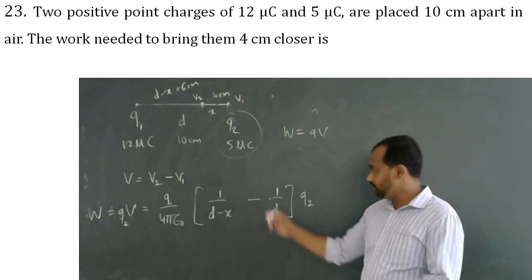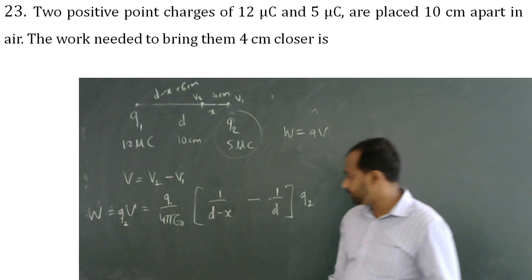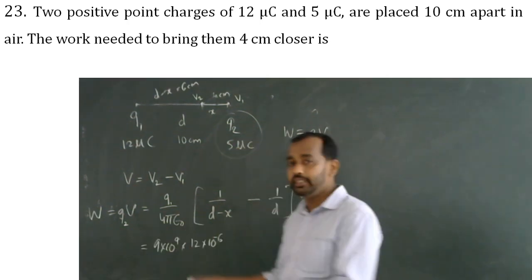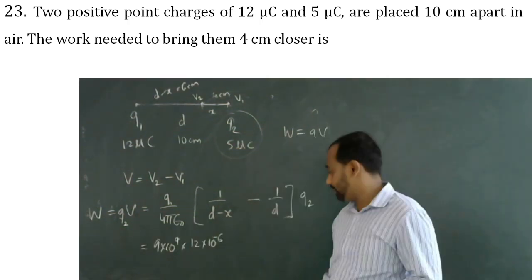Now substitute the values. It will be equal to 1 by 4 pi epsilon naught, 9 into 10 raised to 9, times Q1, which is 12 into 10 raised to minus 6 in SI units. Micro is equal to 10 raised to minus 6.